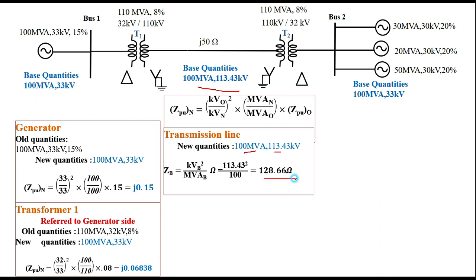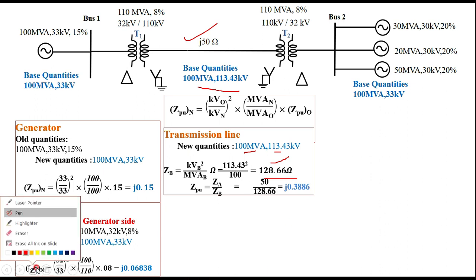Therefore, what you get is 128.66 ohm as the base quantity. Z per unit is defined as ZA divided by ZB. ZA is 50, and ZB is already calculated as 128. Then what I am getting for the transmission line is 0.3886 per unit, which is the per unit reactance of the transmission line.